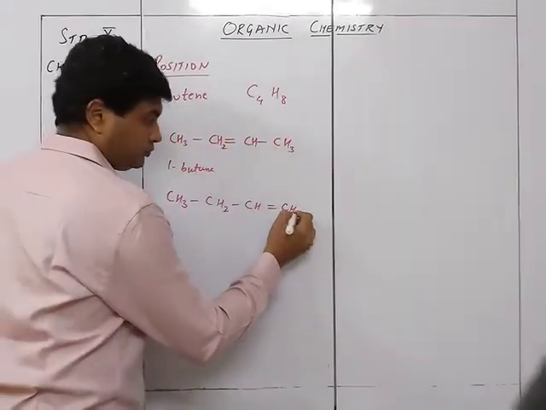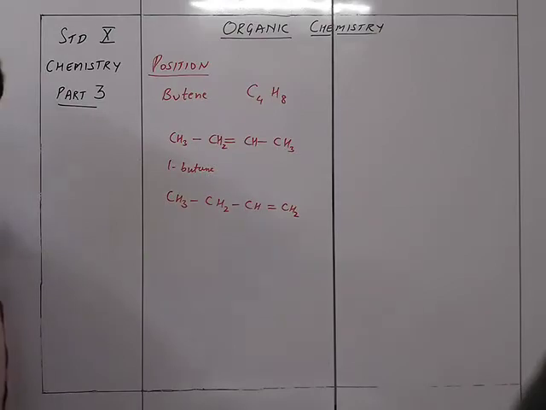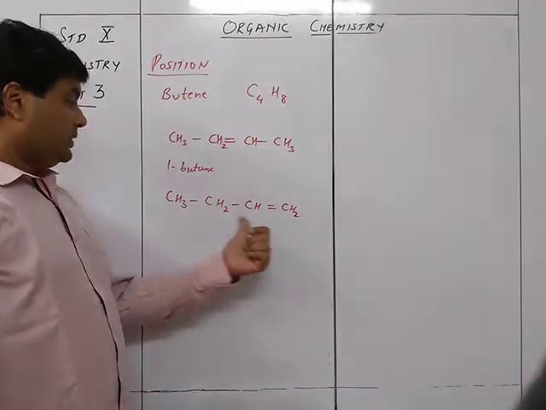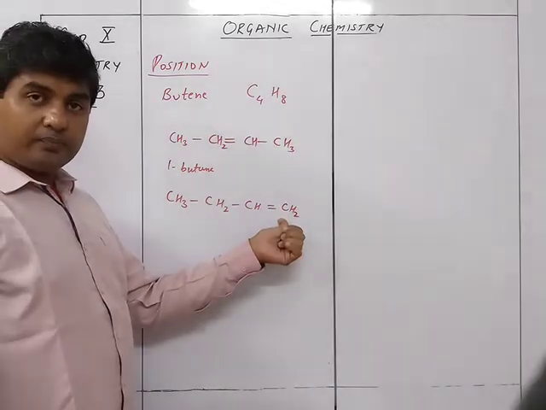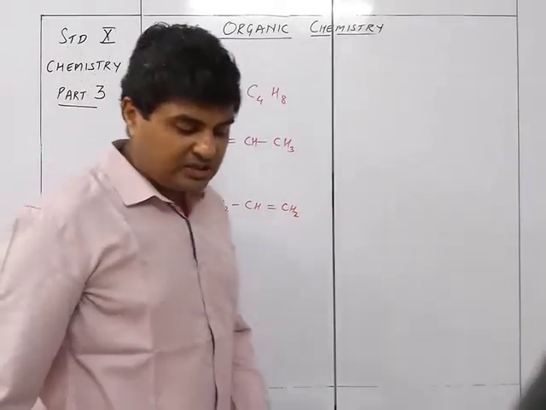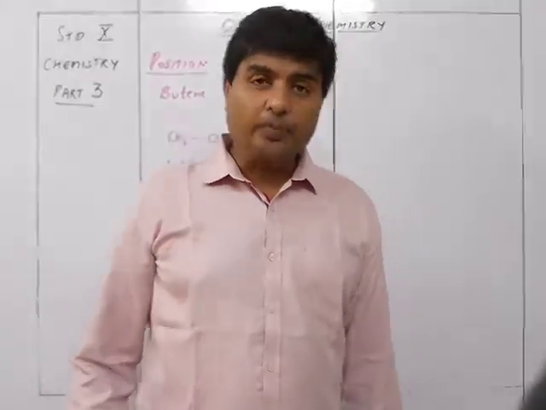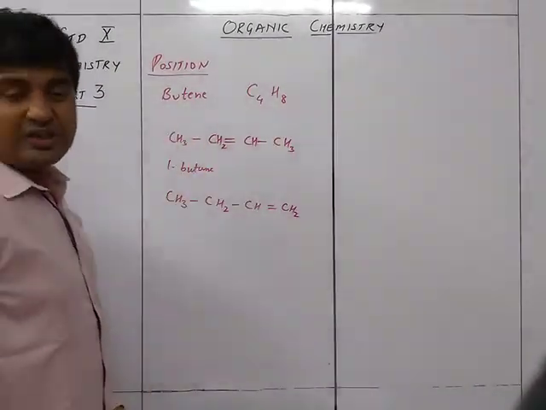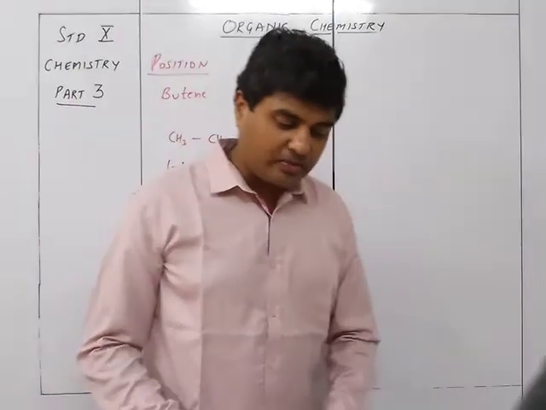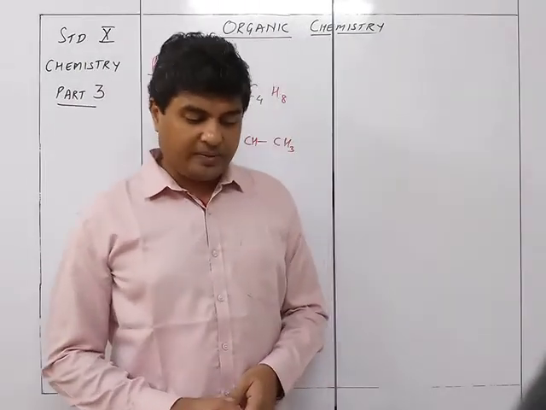You can see over here that this is a possibility, that the double bond instead of being here could be here. So the different positions of the double bond will give rise to different position isomers. Position isomers will be the ones in which both will be like this.